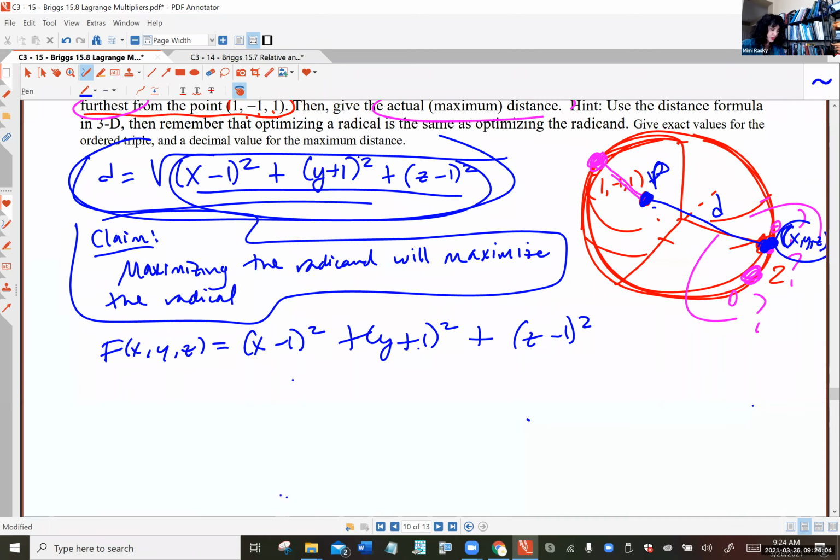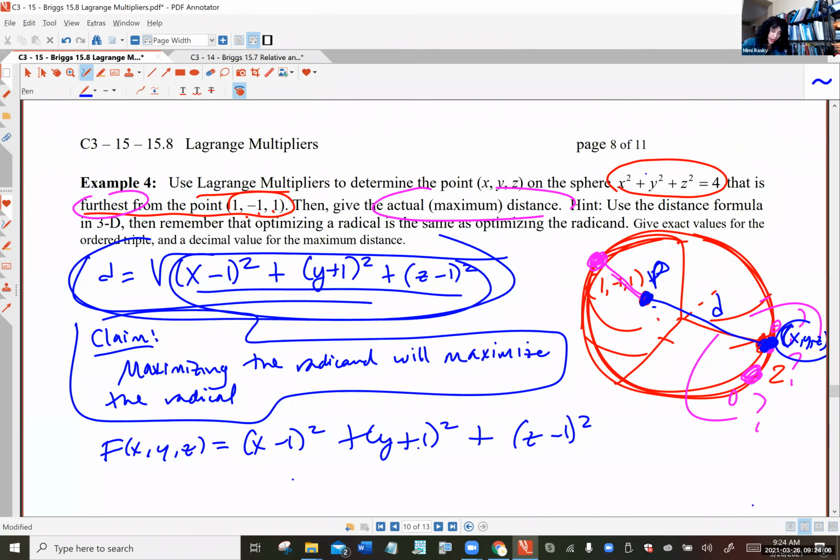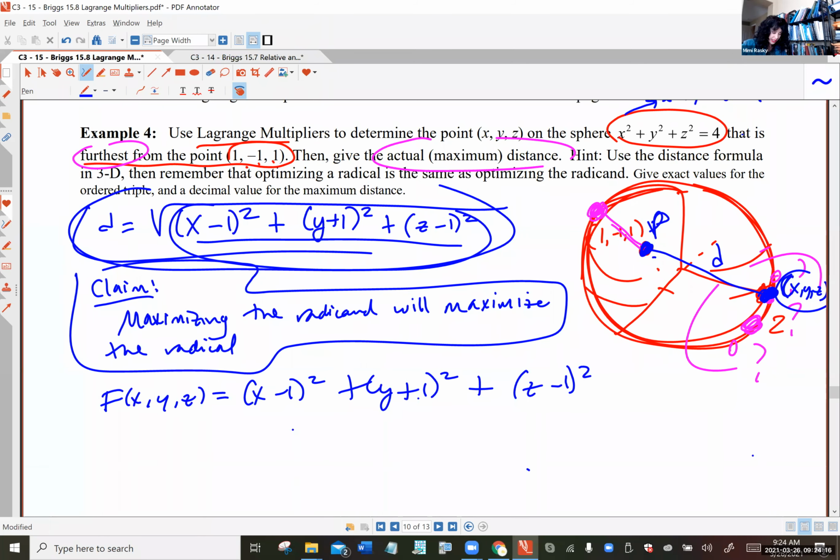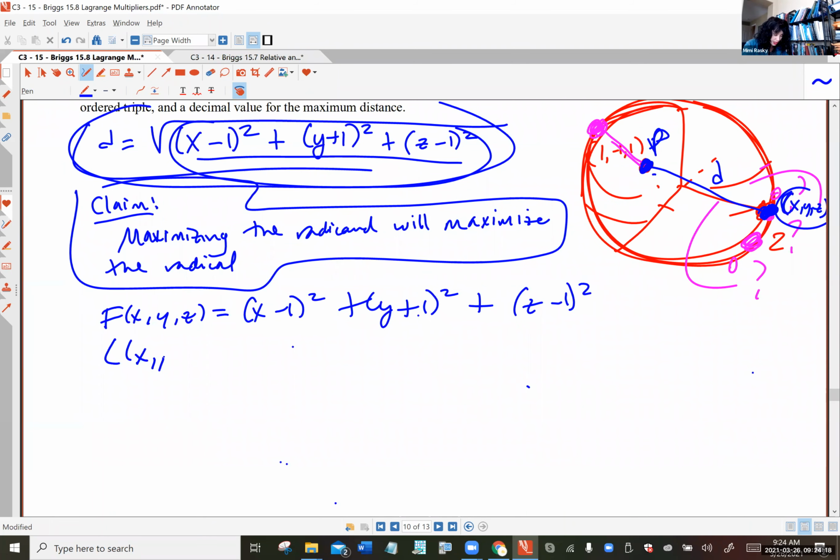So the constraint equation, when we rewrite it, x squared plus y squared plus z squared minus 4 equals 0, is our big G. And so when we create the big Lagrange function of 4 variables, x, y, z, lambda, it's equal to the function we're trying to maximize minus lambda times the constraint.